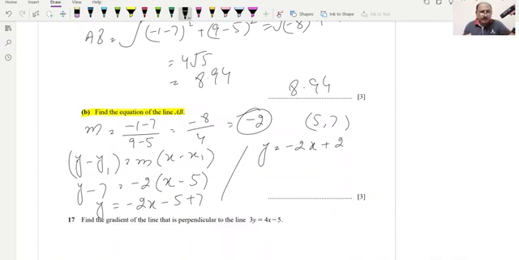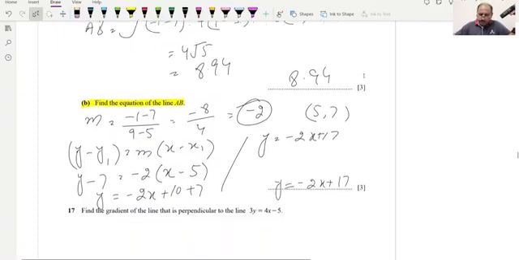But we have made a mistake here: it should not be 5, this should be 10. Minus 2 into minus 5 will be plus 10, so this will be 17. So y is equal to minus 2x plus 17. This will be our final equation which we have written over here.